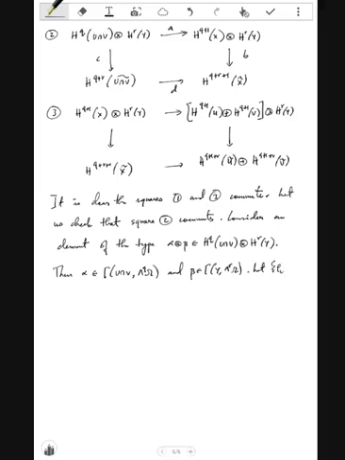Let rho U and rho V be a partition of unity subordinate to the cover U, V.